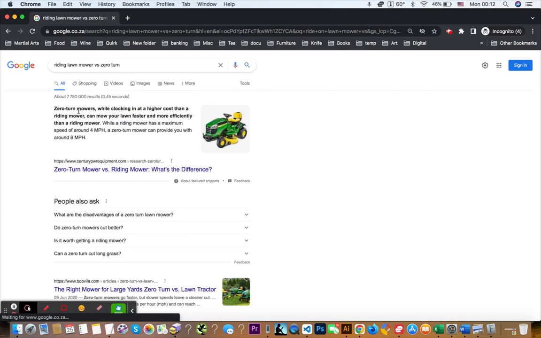And there you can see zero turn mowers while clocking in at the highest cost. Then a riding mower can mow your lawn faster and more efficiently, while a riding mower has a maximum speed of 4 miles per hour. A zero turn mower can provide you with around 8 miles per hour. So really, the consideration stage, the person's looking for options. So now we have two and they're comparing it.